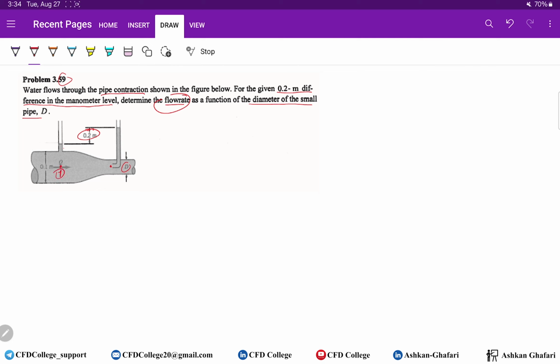So here is point 1 and here is point 2. So we have our two key points using the manometers. Now we have to write down the Bernoulli equation between point 1 and point 2: P1 over gamma plus V1 square over 2g plus Z1 equals P2 over gamma plus V2 square over 2g plus Z2.